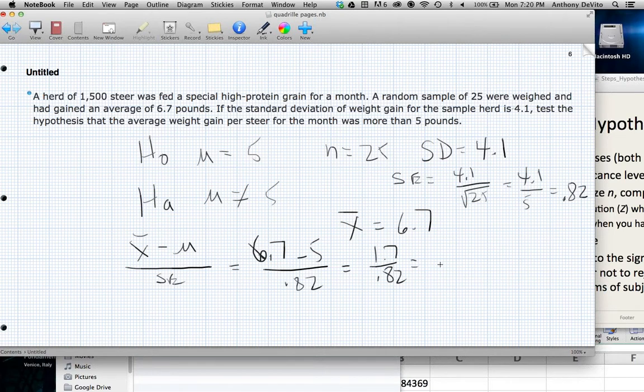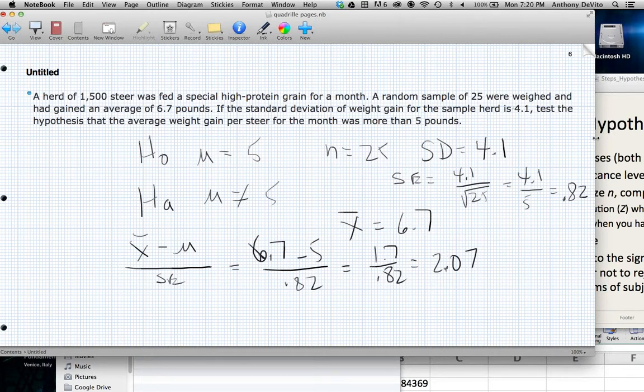What did I get there? Is it 2.07? Now, if I was using the z-score, I'd be feeling pretty good, right? Since it's bigger than 1.96, what does that tell you if I was using the z-score? That the probability of getting this extreme a value is less than 2.5% on either side, and I know that I got a p-value, a probability of being wrong, that's less than my alpha.